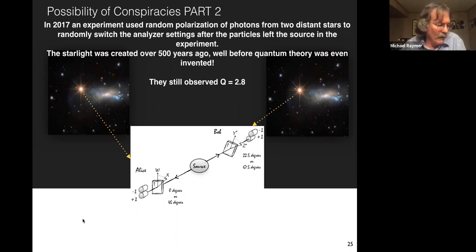So then you're pushing everything back as far as the Big Bang, which would mean that if there's a conspiracy that's controlling what Alice and Bob does, or Alice and Bob's apparatus does, it would have had to have been hatched during the Big Bang, before there were even atoms existing. So that seems pretty ludicrous, right?